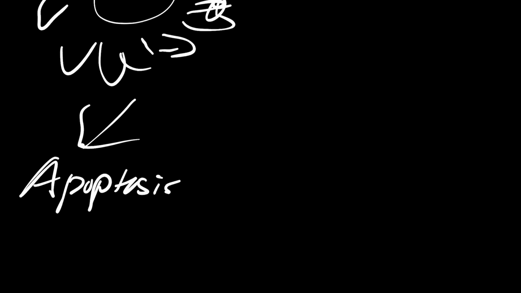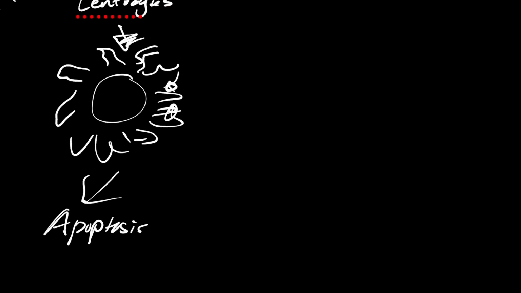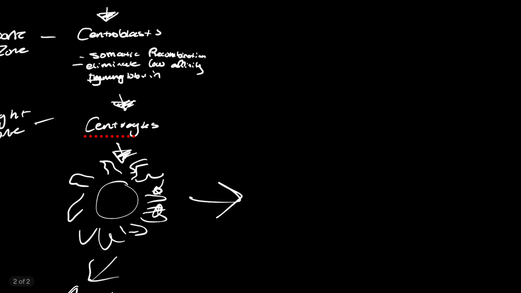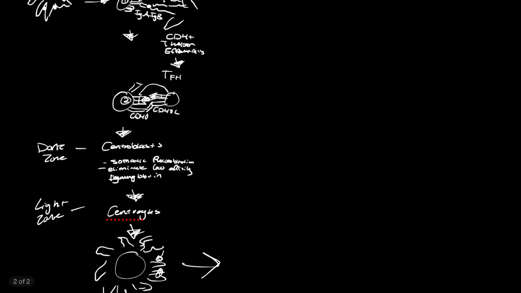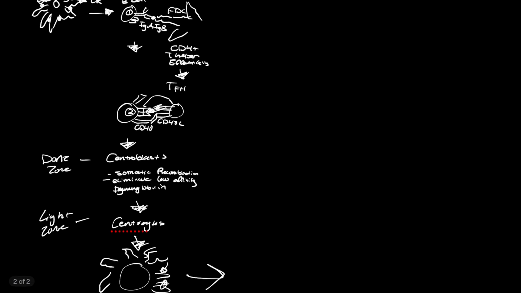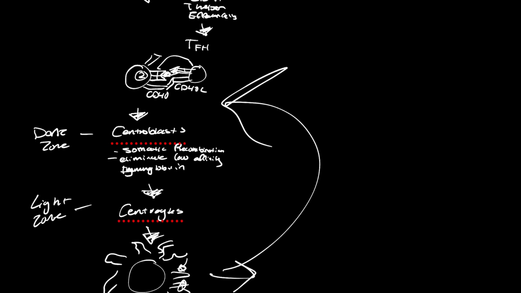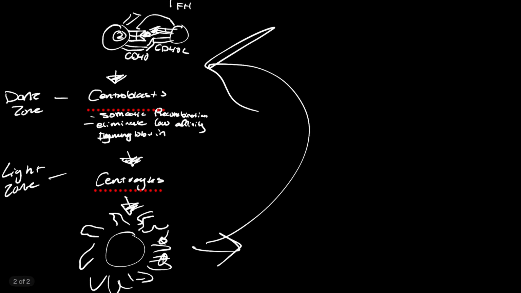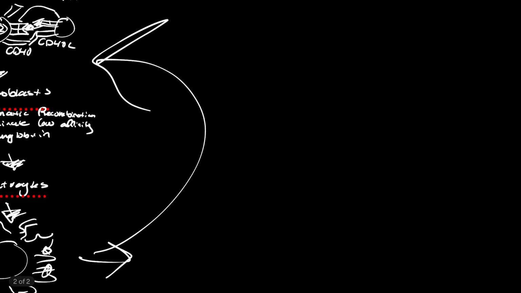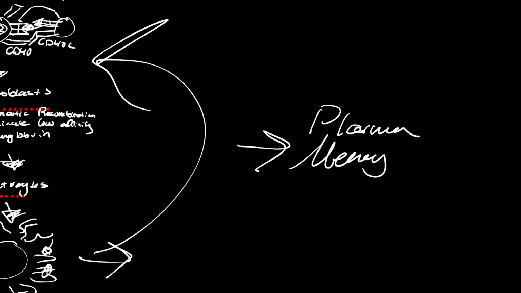If it fails, apoptosis, so cell suicide. If it binds with high affinity, it can redo this entire thing all over again. It'll just keep cycling and cycling until it has such high affinity that eventually it'll become a plasma cell or memory B cell.